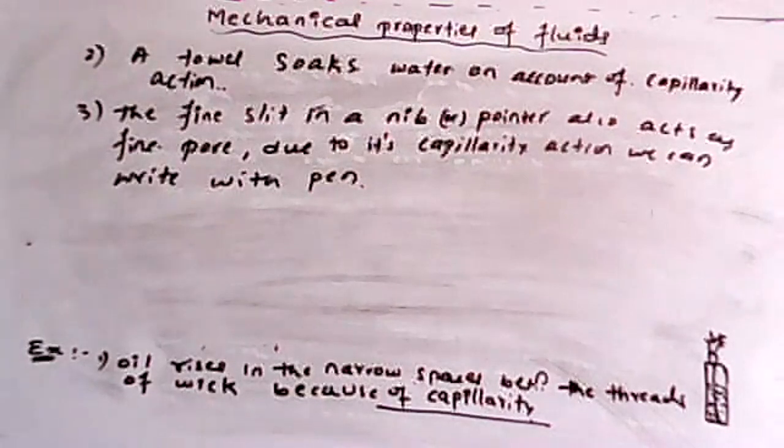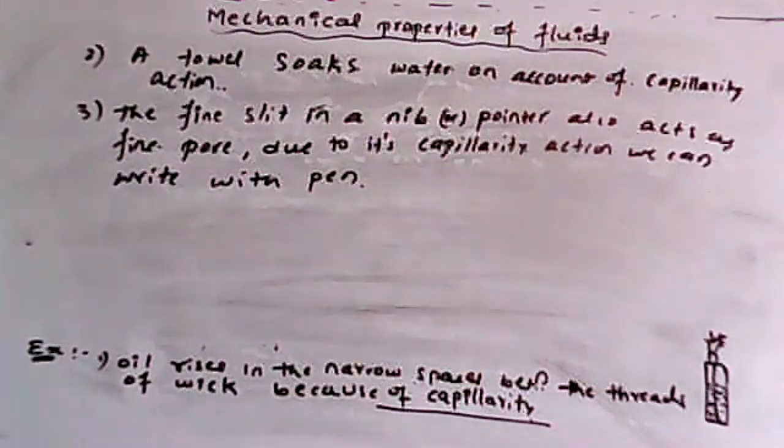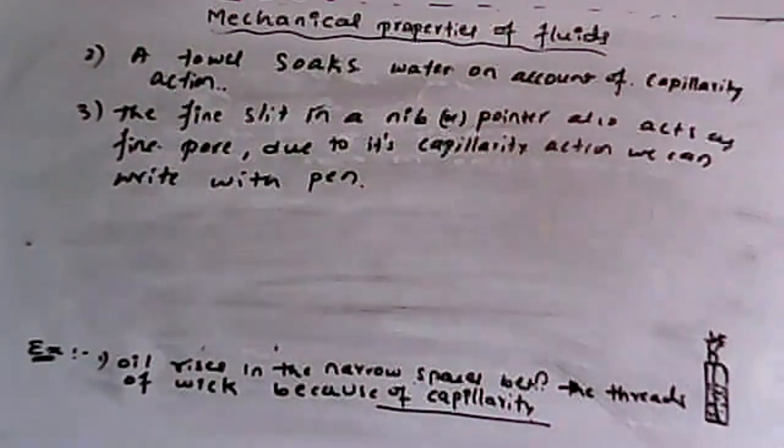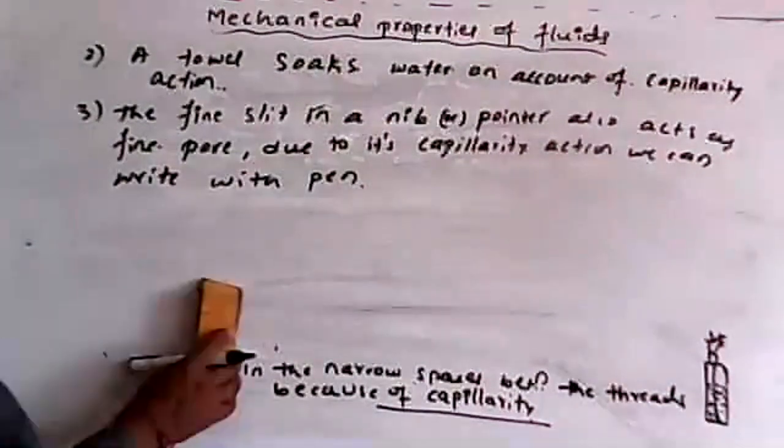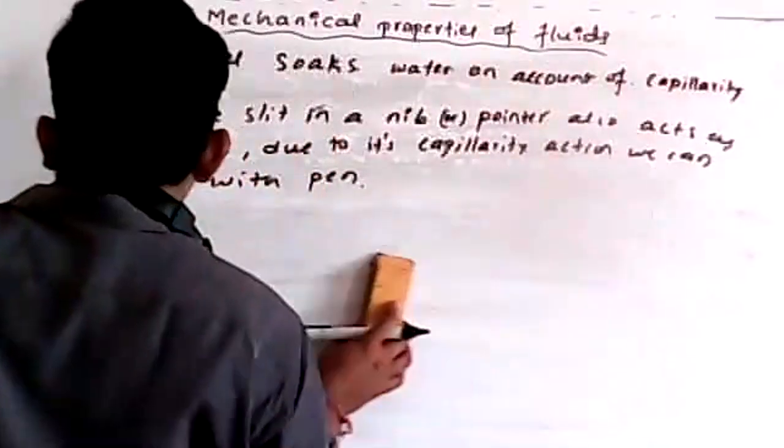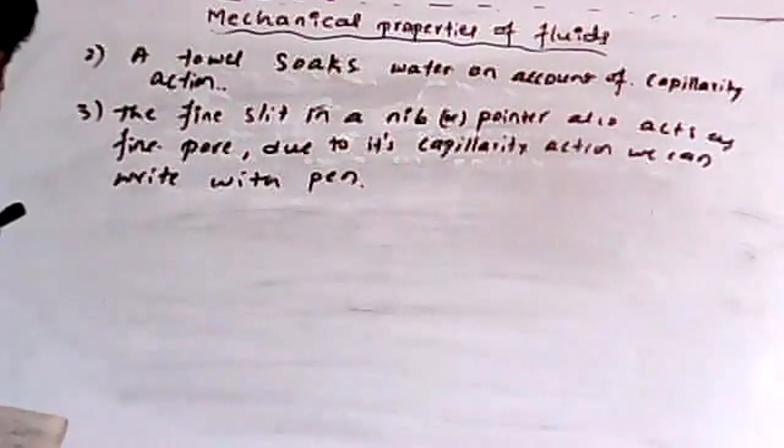So students, one more thing. Now what I told you, the capillary rise, we can denote it as h. So that h value will be there. That height will be expressed as capillary rise or capillary height. It has its own expression.